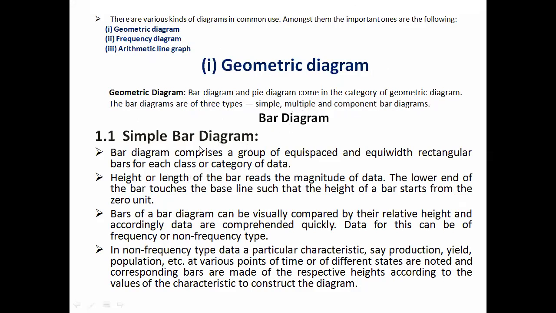The simple bar diagram comprises a group of equispaced and equiwidth rectangular bars, right? A bar for each class or category of data. The height or length of the bar reflects the magnitude of data. The lower end of the bar touches the baseline, so that the height of the bar starts from the 0 unit, right?